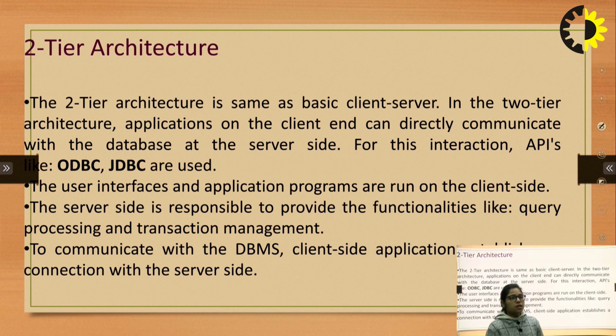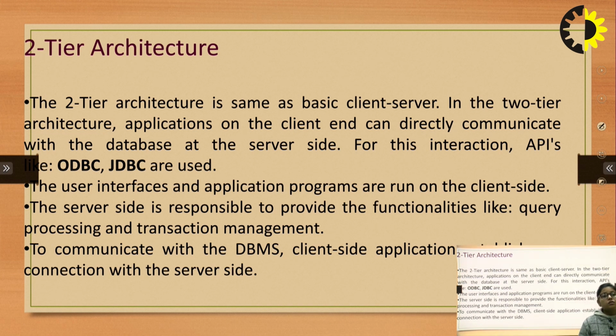In two-tier architecture, the two-tier architecture is the same as basic client-server architecture. In the two-tier architecture, applications on the client end can directly communicate with the database at the server end. For the interaction, APIs are used. The user interface and application program run on the client side.